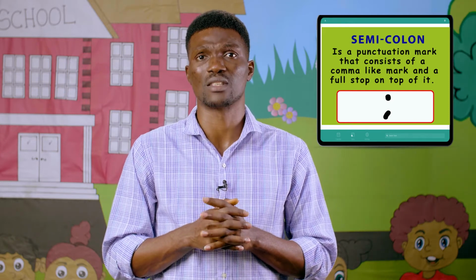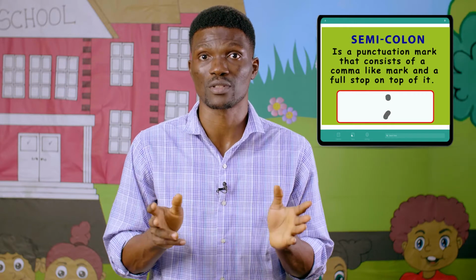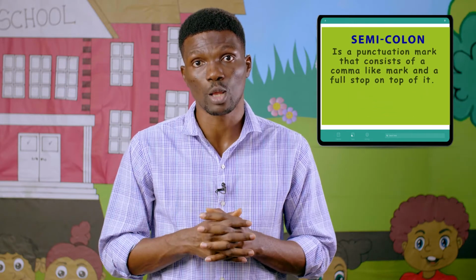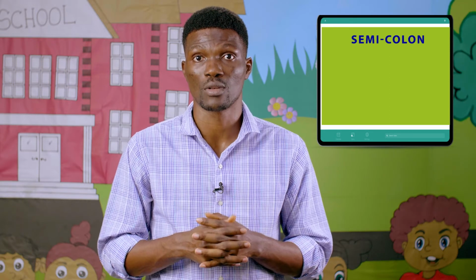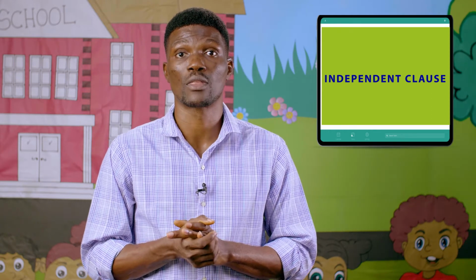So what exactly is a main clause? In our previous lessons, when I talked about complex sentences, I talked about the main clause. The main clause is also known as an independent clause. And as we said before, it consists of a subject and a predicate. On its own, it expresses a complete thought, and it can stand on its own.